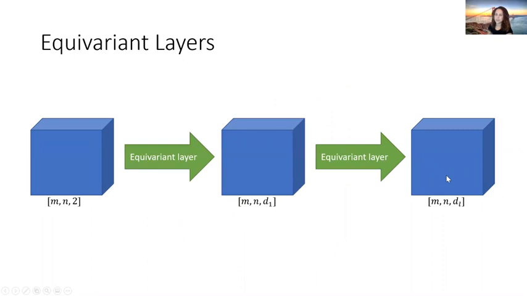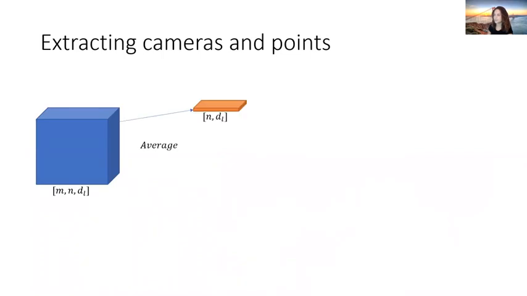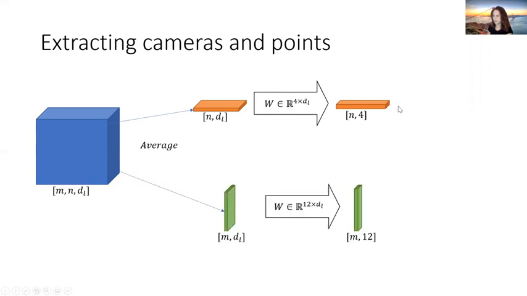And the question is now, how do we get the final output that we want from the network? So again, we average one time over the rows to get the points, and one time over the columns to get the cameras. So here, it's exactly like we've seen in the previous slide.